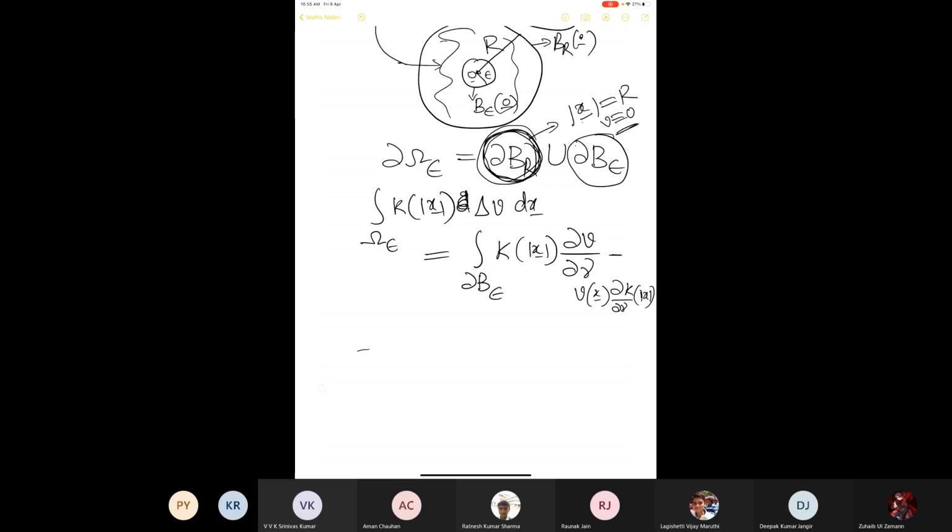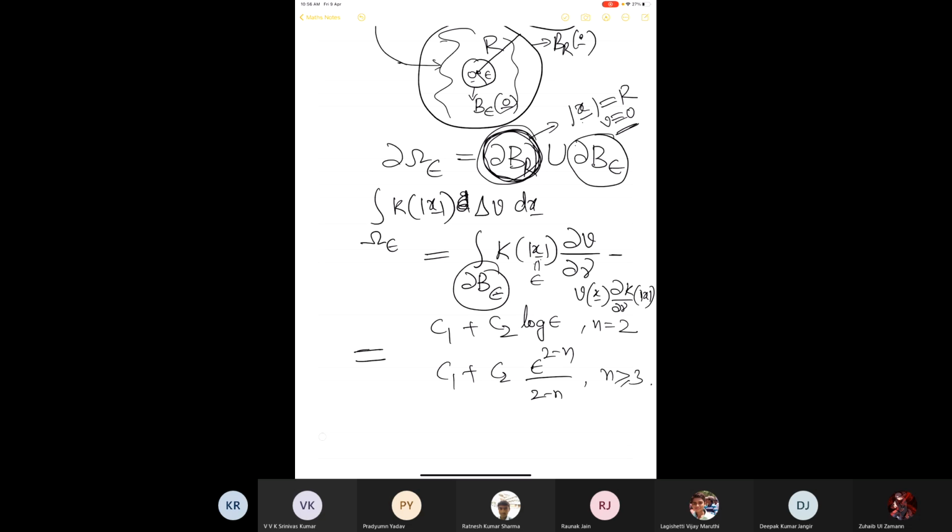Now what is K of x? K of x is C1 plus C2 log of mod x when n is equal to 2, and C1 plus C2 mod x power 2 minus n upon 2 minus n when n is greater than or equal to 3. On this boundary, mod x is equal to epsilon, so this is K of epsilon.